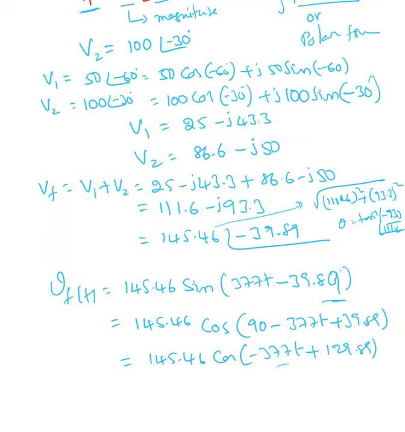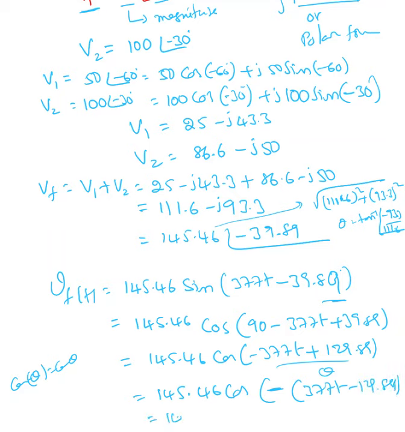Cos of minus theta equals cos theta, so I'm going to convert this into minus theta. We end up with 145.46 cos 377t minus 129.89. Okay, that's the final answer.